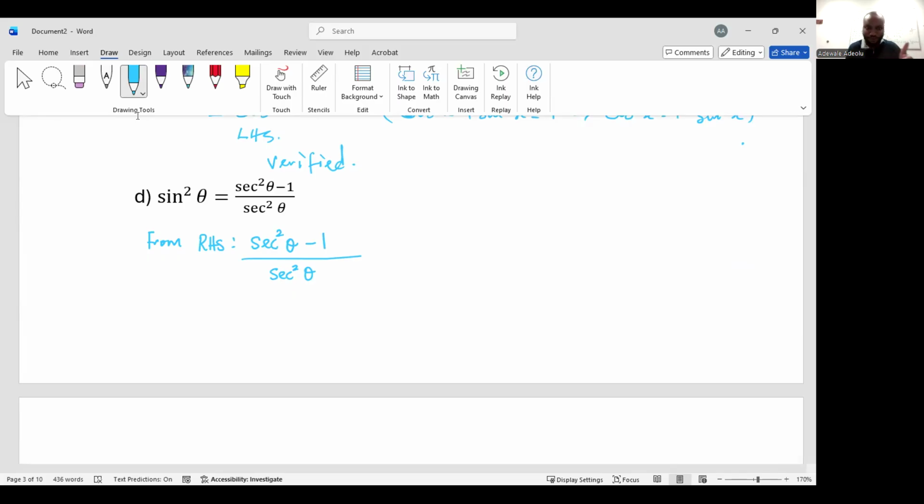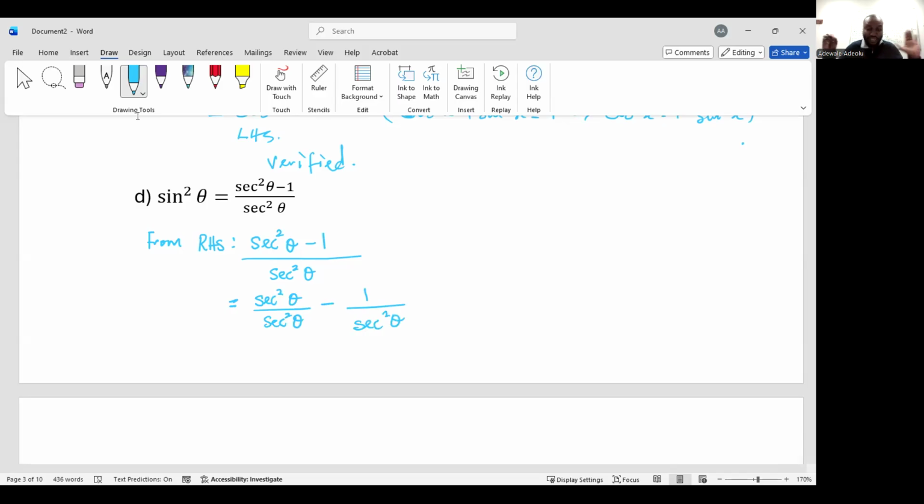How can I get there from what I have here? Well, maybe if I do this, secant squared of theta divided by secant squared of theta minus 1 divided by secant squared of theta. Look at that.